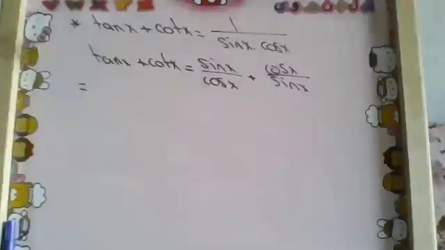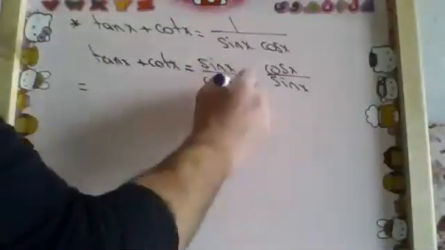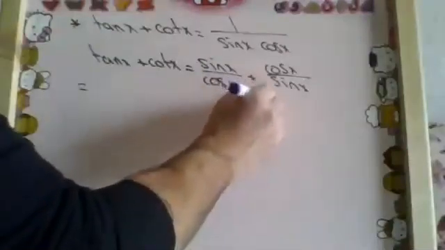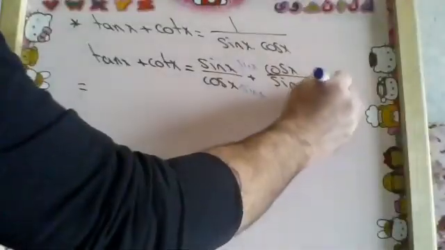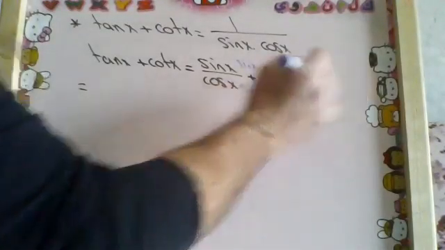We make a common denominator. Whenever you have addition of fractions, you have to think of common denominator. Here, multiply by sin x and sin x. For this one, multiply by cosine x and cosine x.